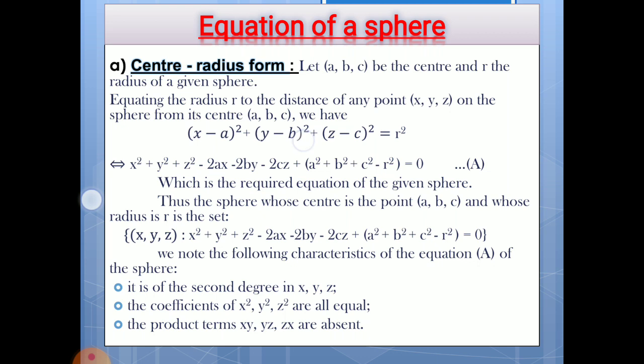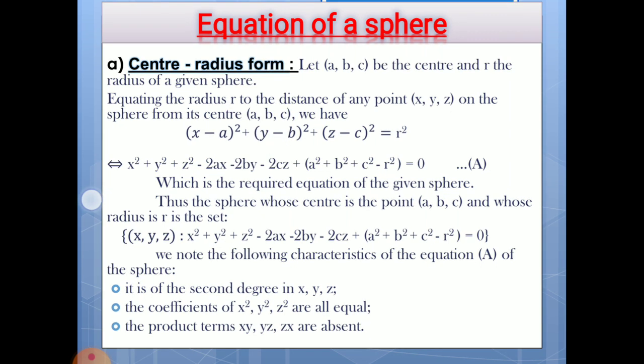Now this equation is called the equation of sphere in center radius form. In this equation, (a, b, c) is the center of the sphere and r is the radius of the sphere.